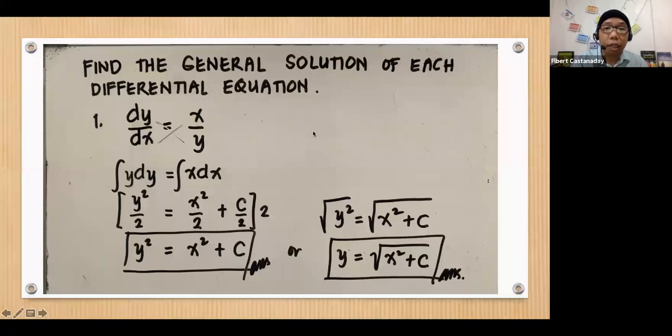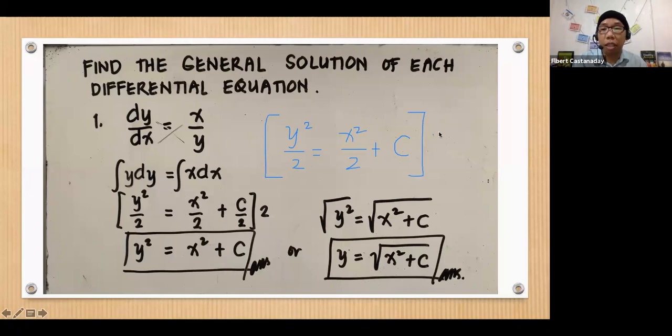So say for instance, if we did not put this into this format, like y squared over 2 equals x squared over 2 plus c. We can actually simplify this since you are to solve explicitly for y.